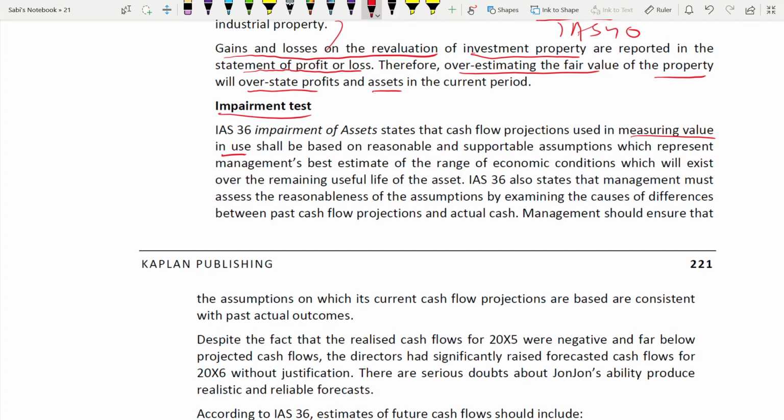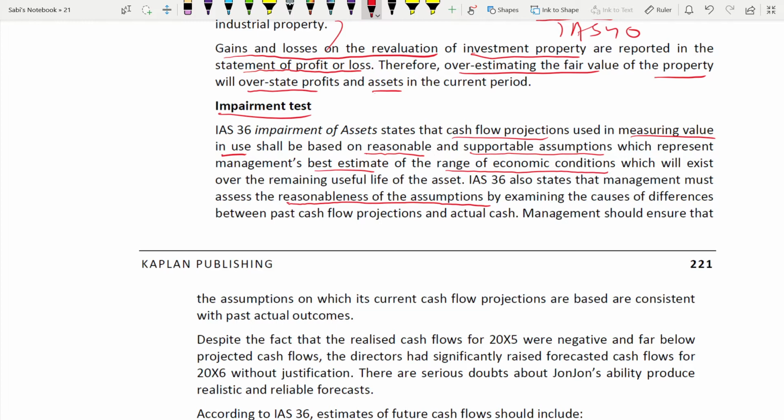When you are using them, they have to be based on reasonable and supportable assumptions, not just any assumption, which represent management's best estimate of the range of economic conditions that will exist over the remaining useful life of the asset. IAS 36 also states that management must assess the reasonableness of the assumptions. You have to check whether the assumptions are reasonable or not.